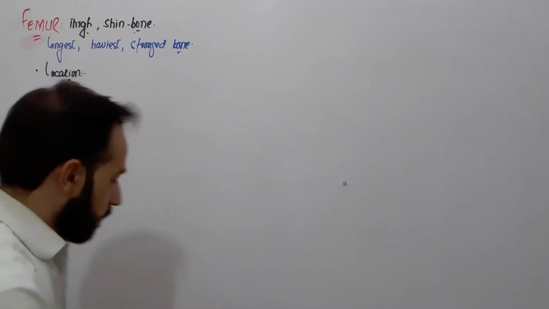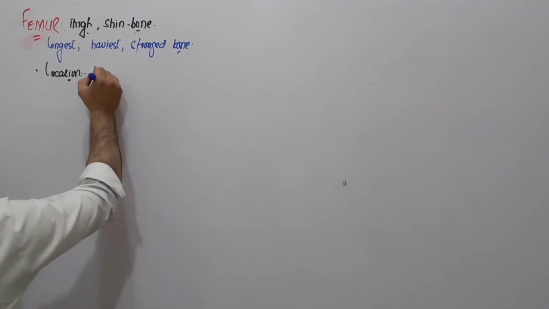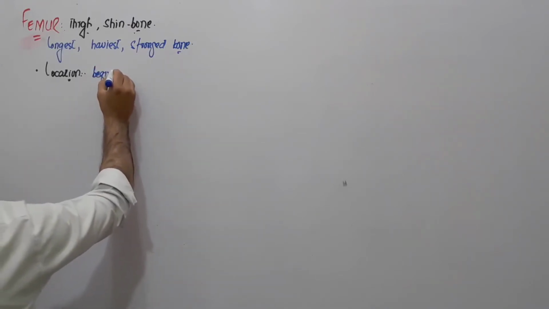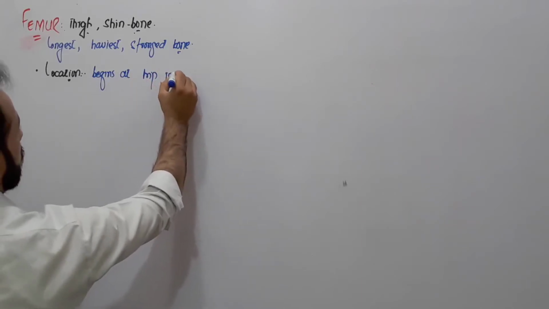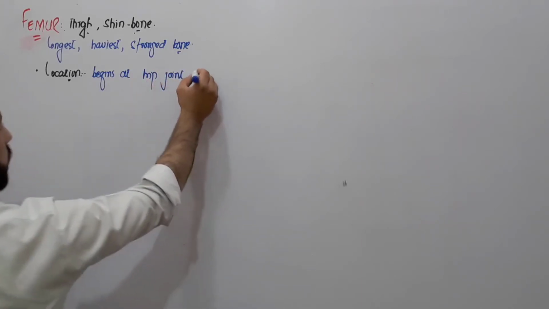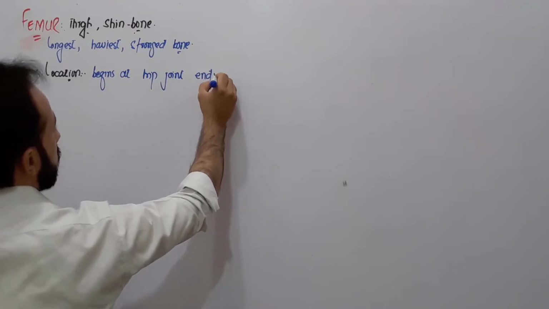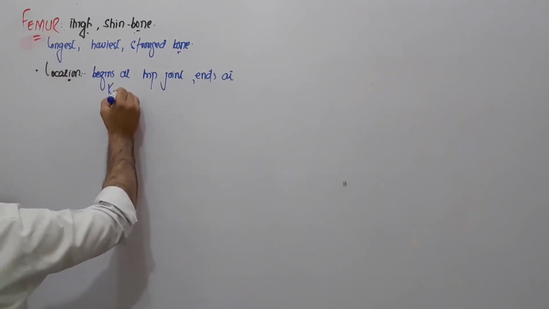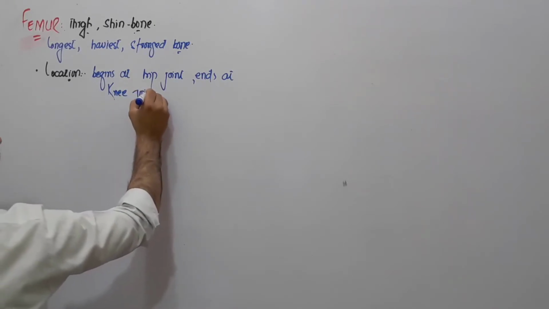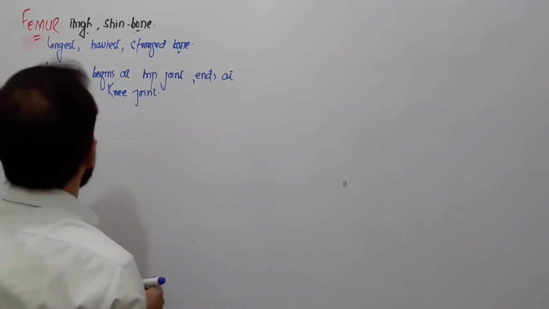So your femur bone begins at the hip joint and ends at the knee joint. These are the basics of this bone.